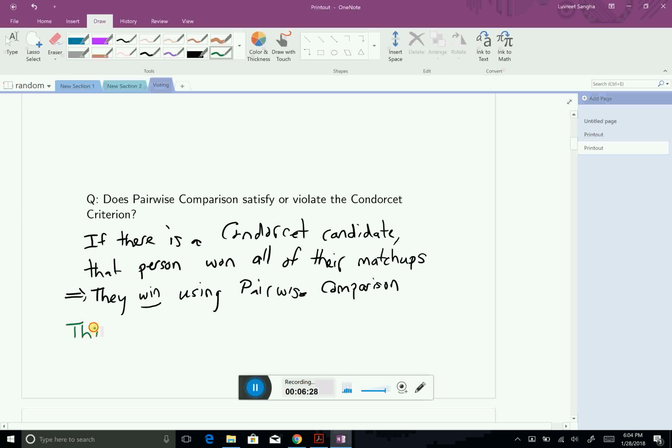So this shows that pairwise comparison satisfies the Condorcet criterion.